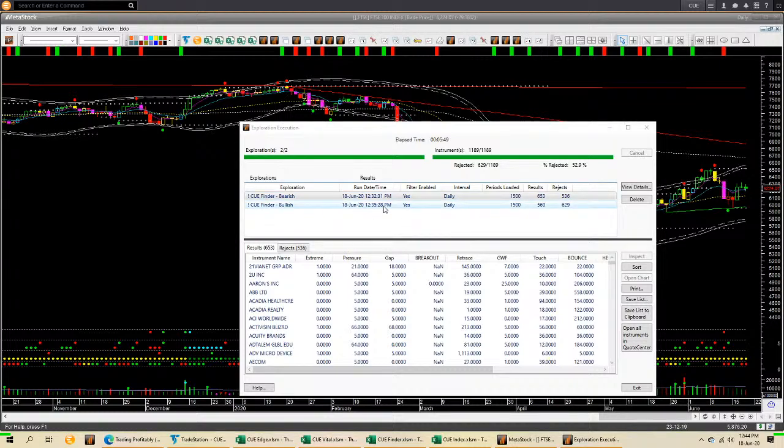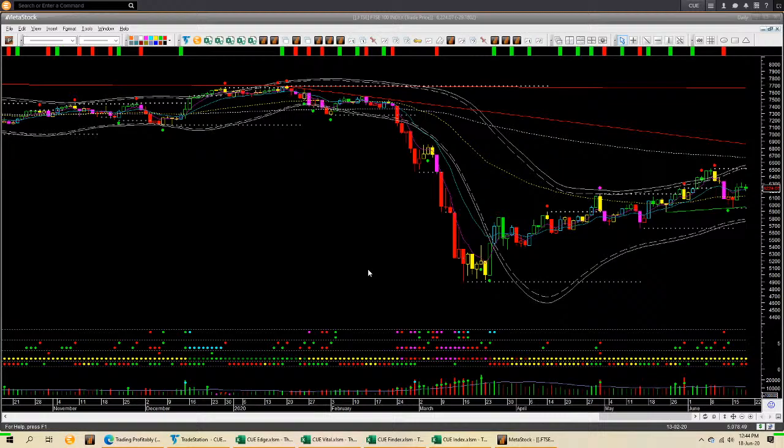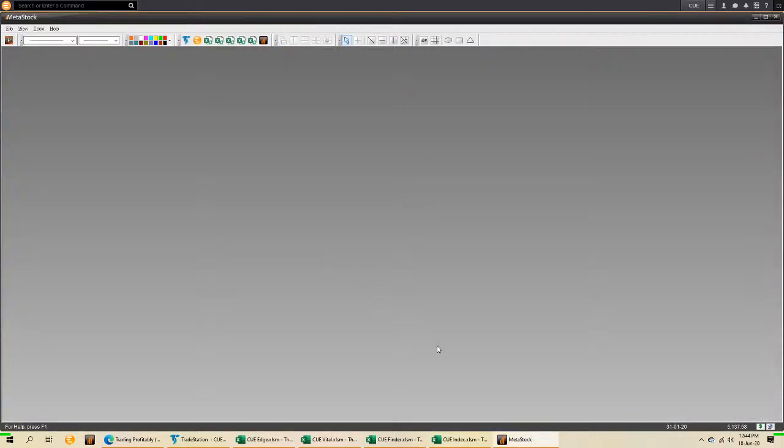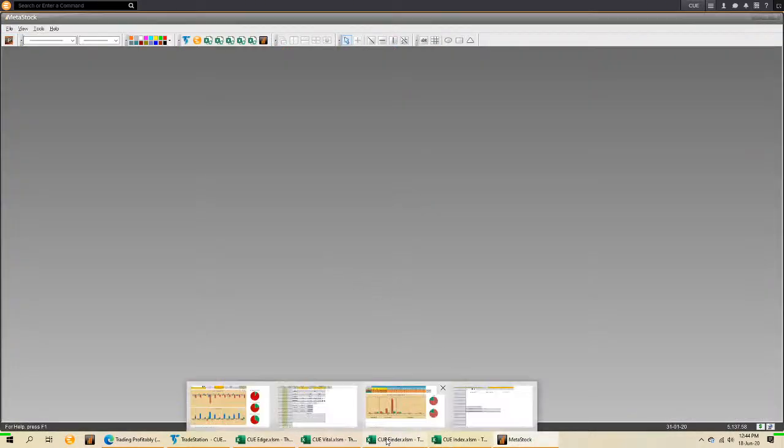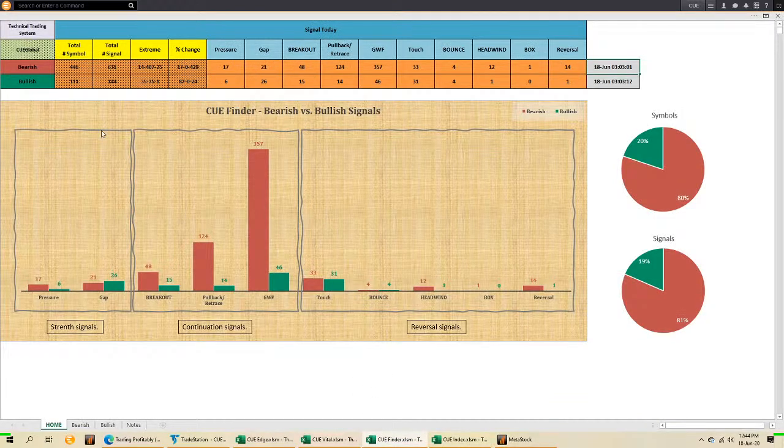I just ran these two scans, they completed just now. You may look for trades from the scan result in Q finder. However, sometimes you can anticipate a trade. This is Q finder.